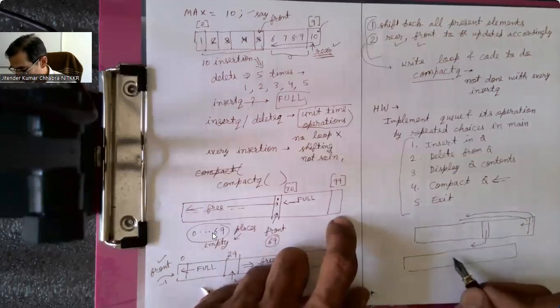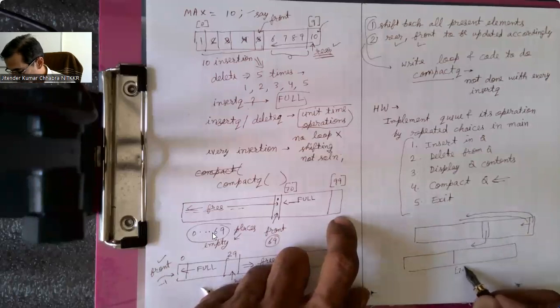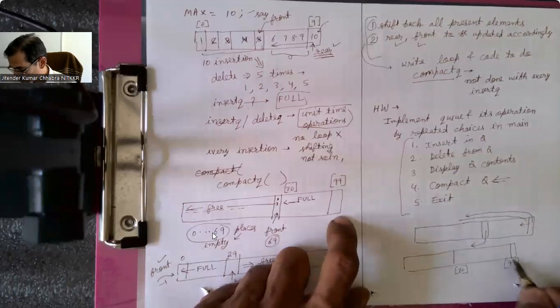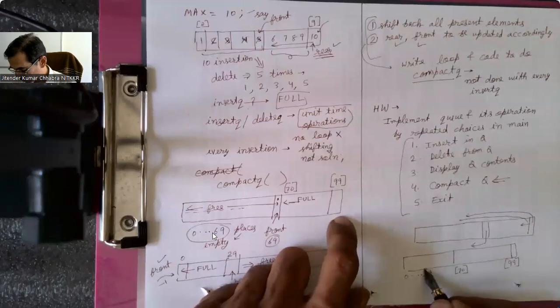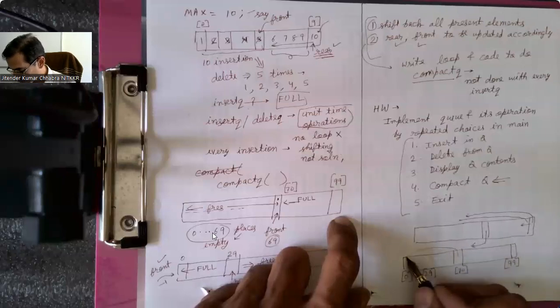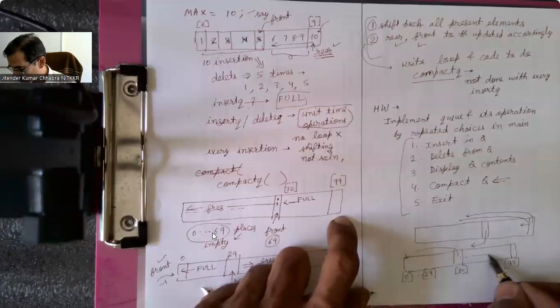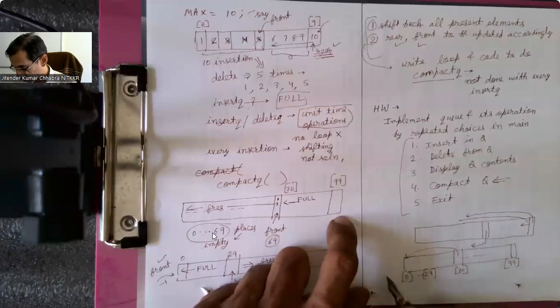For example, let's say data from 70 onwards is full. The data from 70 to 99 is to be copied to 0 to 29, obviously. So one way could be that you copy element 70 to the 0th position, and so on until 99 comes. So you first copy 70 back to 0.